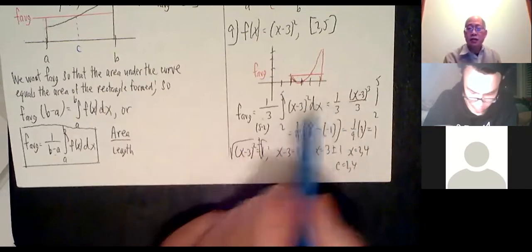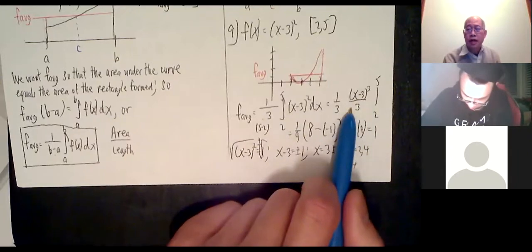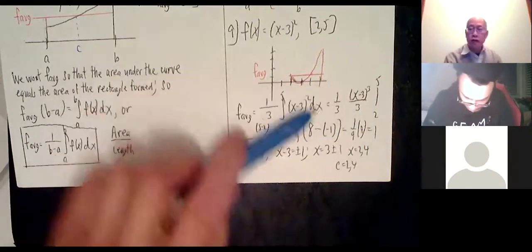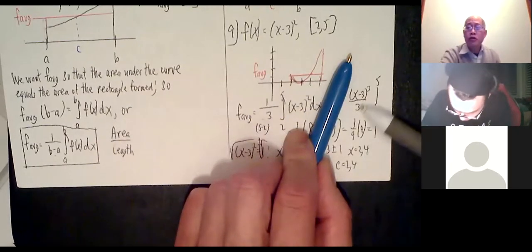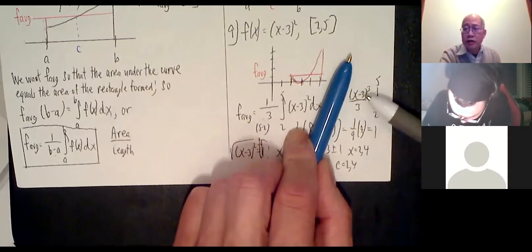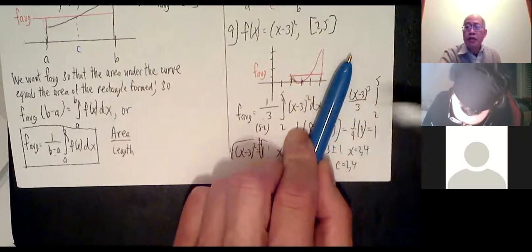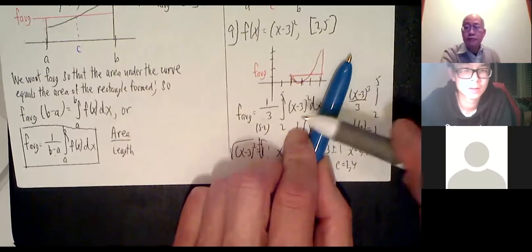But as it stands, 1/3 times (x minus 3) cubed over 3. And again, you can double check that. Ignore the 1/3 right now. What's the derivative of this thing? If you differentiate this, 3 comes down, cancels that 3, right? So you would have (x minus 3) squared, then by the chain rule, times the derivative of the inside. But the derivative of the inside is 1, so it works.